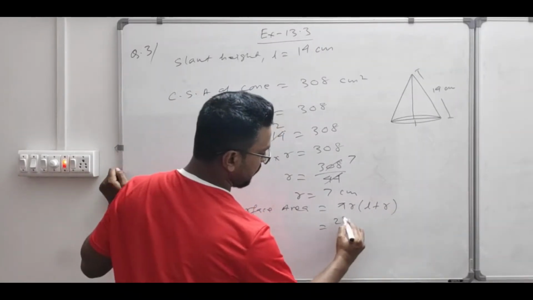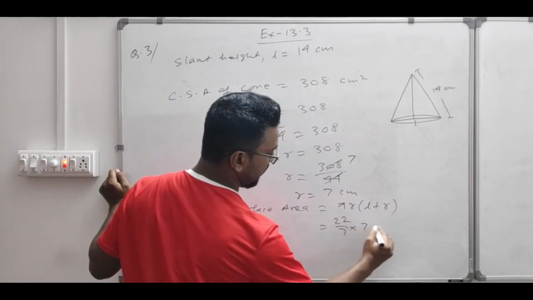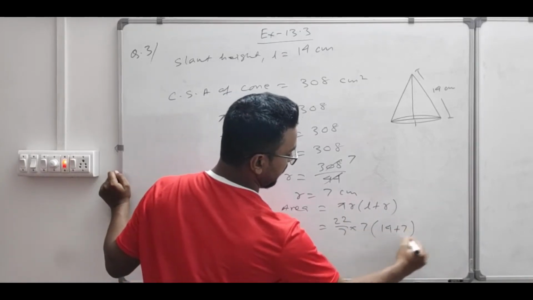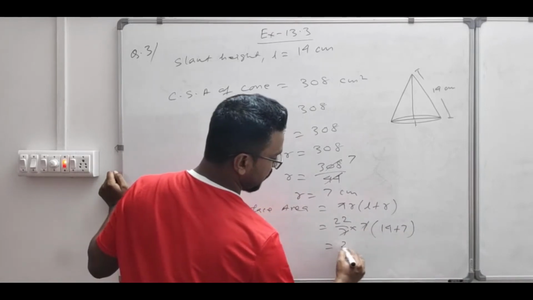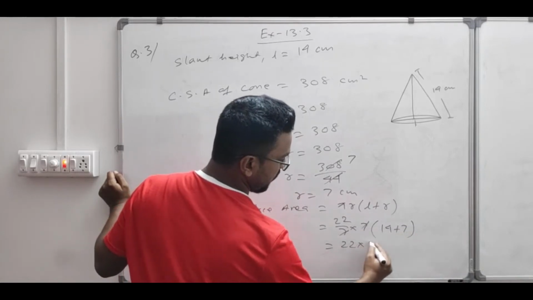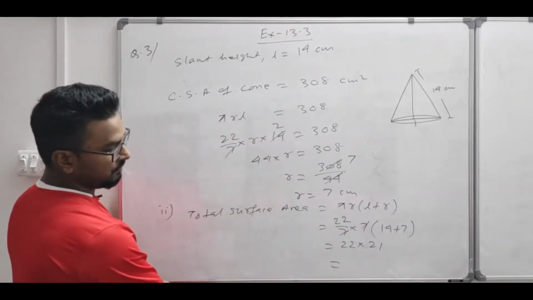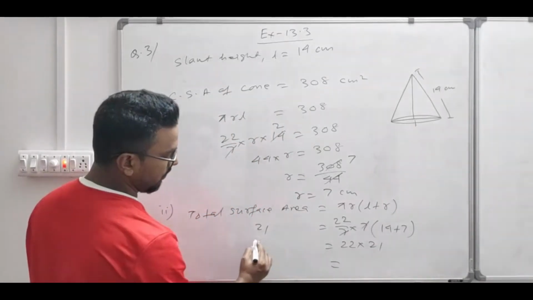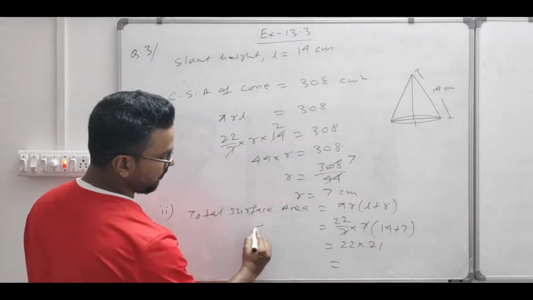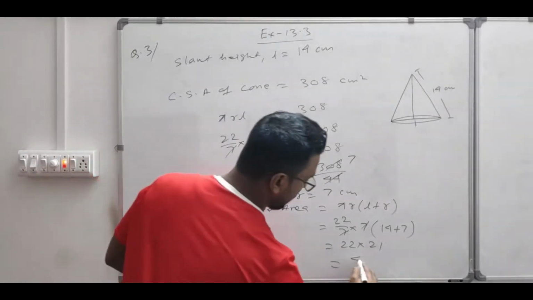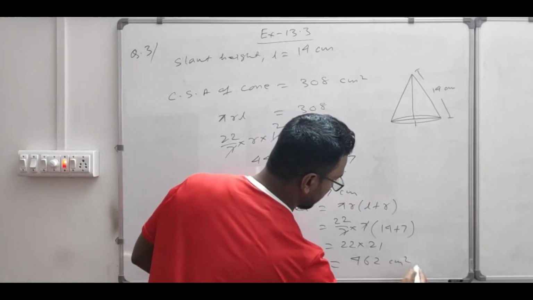Replace the values: 22 by 7 into r is 7 and l is 14 plus 7. So we can cancel this. 22 into this will become 21. So what will be our answer? This will become 21, sorry, 42. So 462. So our answer will be 462 centimeter square.